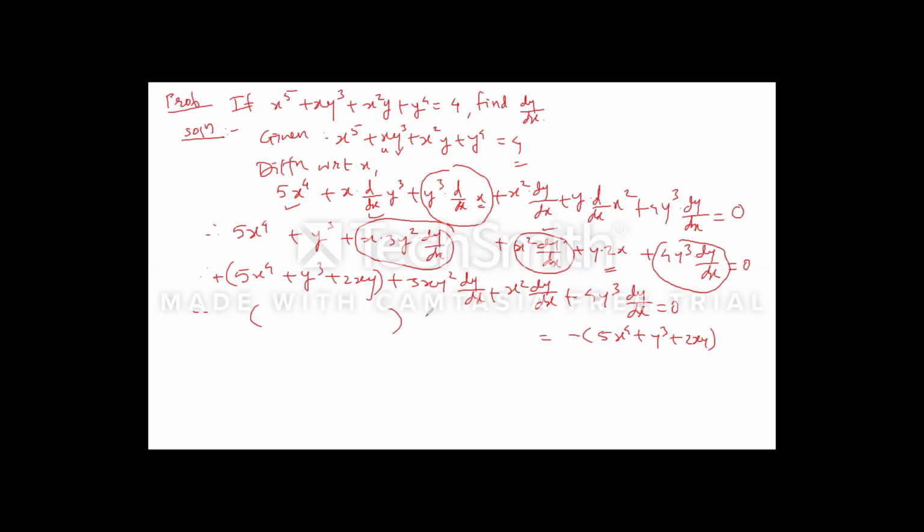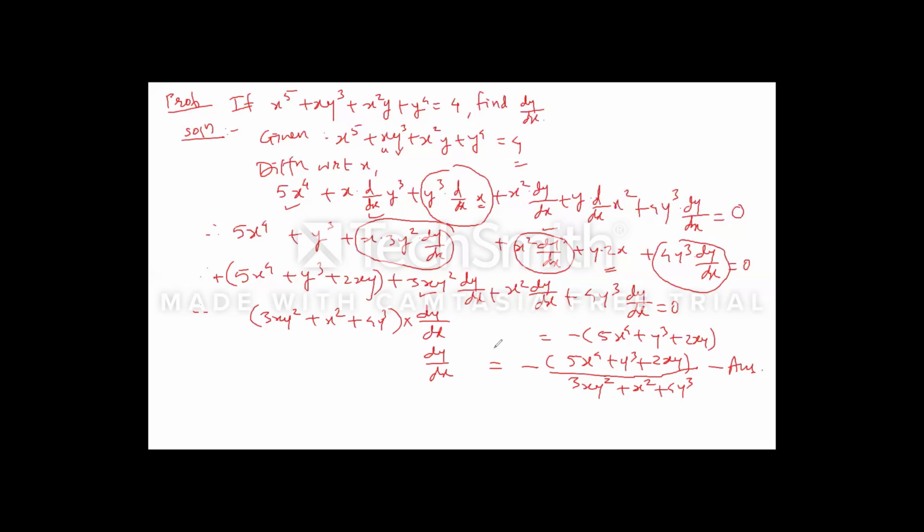Now let's take out dy by dx common. What is left here is 3xy square plus x square plus 4y cube. Now this bracket is multiplied here; on the right side it becomes divide. So dy by dx equals minus the quantity 5x raised to 4 plus y cube plus 2xy, divided by 3xy square plus x square plus 4y cube. This is our required answer. This is implicit differentiation.